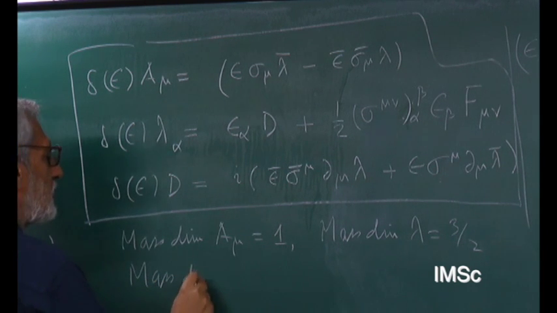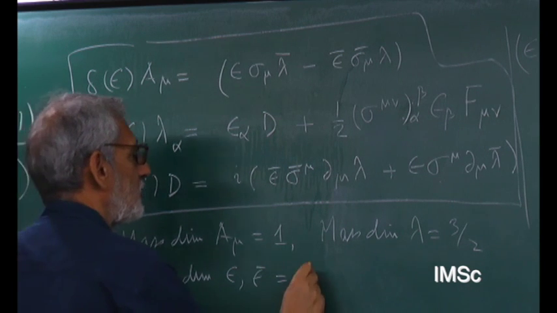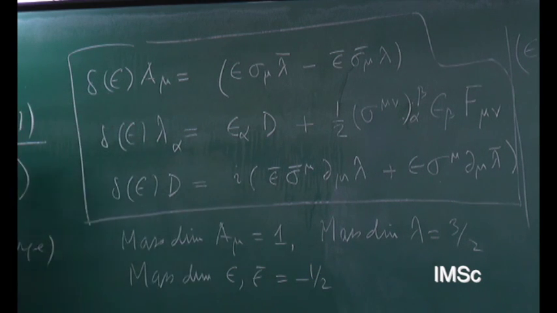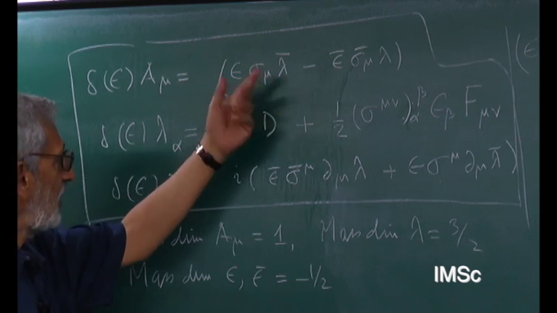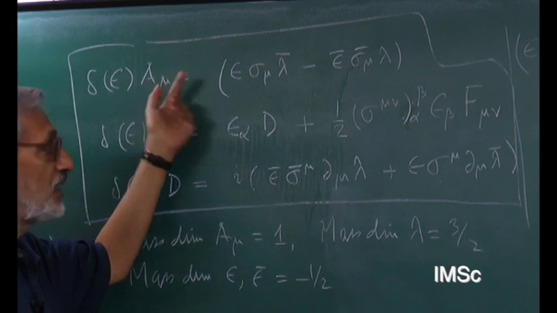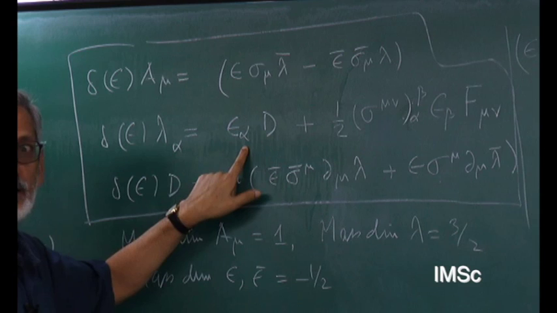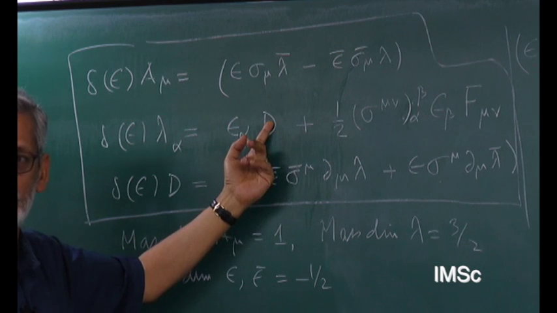Mass dimension of epsilon and epsilon bar is -1/2. So this is -1/2, 3/2, so that together this is +1, that's what it should be. Similarly here. Now this is 3/2, this is -1/2. What should be the mass dimension of D?